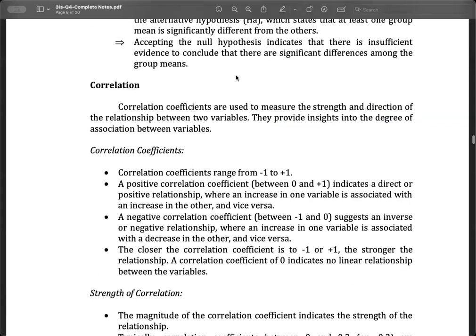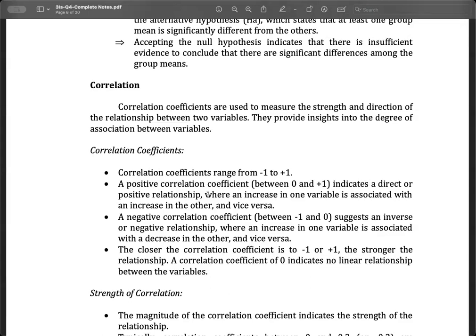correlation coefficient. Unlike in your ANOVA and your t-test, where you have to go back to your descriptives and look at the means of the groups, in correlation the coefficient will now tell you the direction and the strength of your correlation. It ranges from -1 to +1. A positive correlation coefficient, from 0 to +1, indicates a direct or positive relationship.